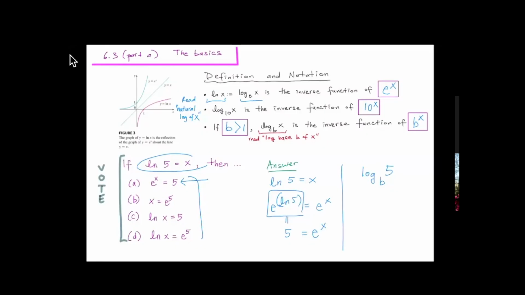If instead of e, I have a different base, so here this is called a base, and this is equal to some number x, so this is called the exponent. Writing this down is equivalent to saying that the base to the exponent is equal to what I have in front of log base b.